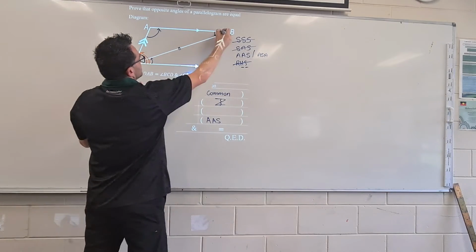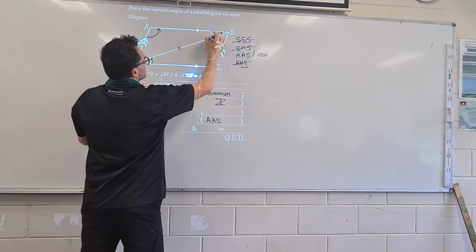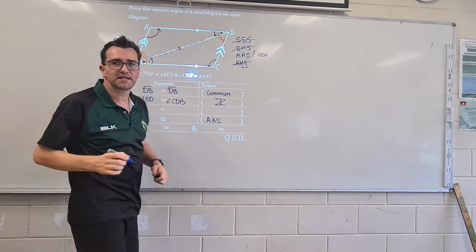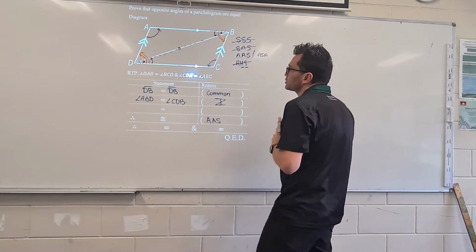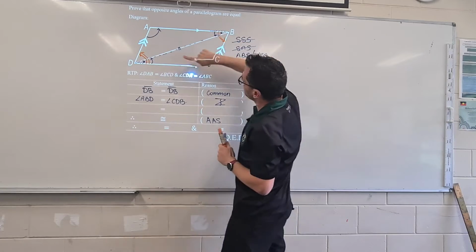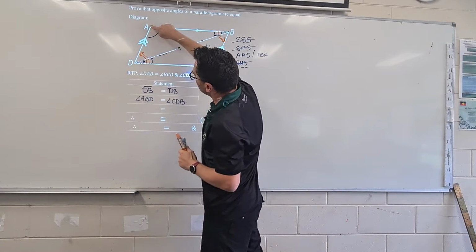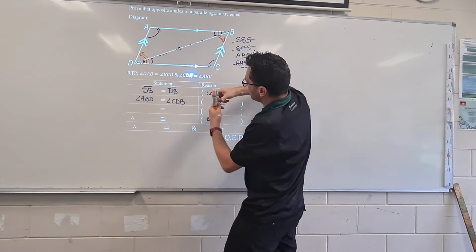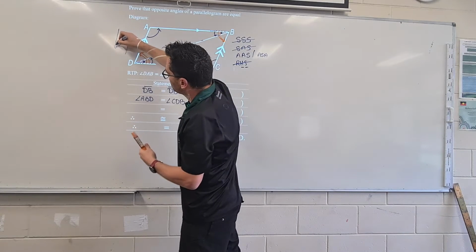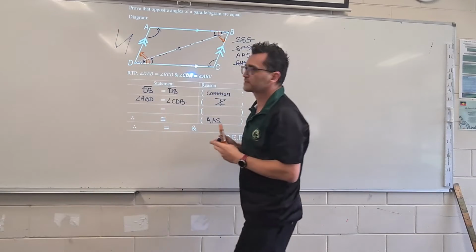So we've used this Z. We now need to find a second Z that we can use to show congruence. So we've got a parallel line here and another parallel line here with a line going back like that. So we've got another Z sitting up that way.